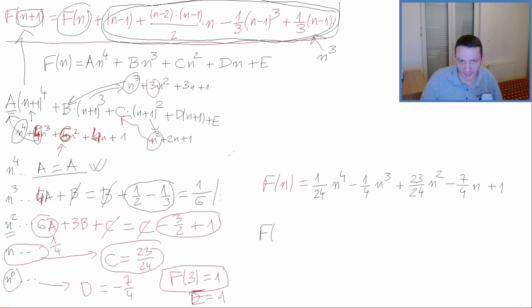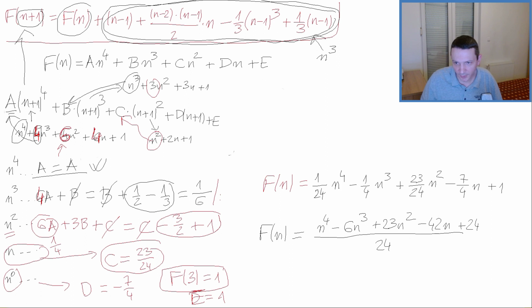Or we can calculate it as one fraction with denominator 24 as n to the power of 4 minus 6n cubed plus 23n squared minus 42n plus 24.